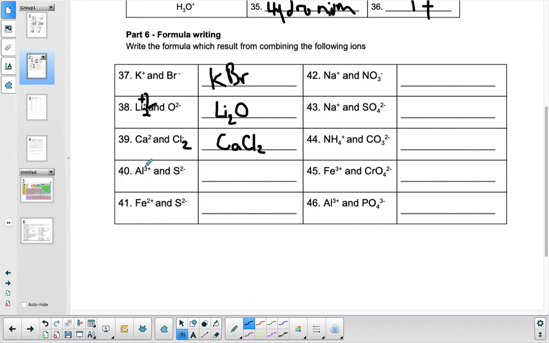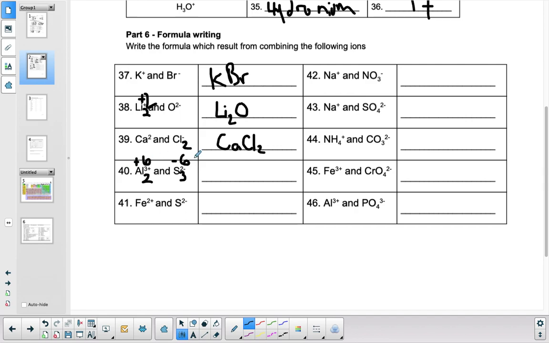So we would take aluminum times 2 to get a positive 6 charge, and sulfur times 3 to get a -6 charge.